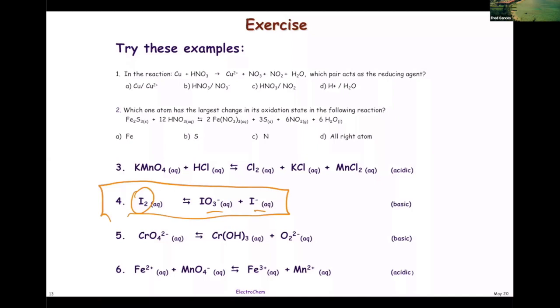You have moles and moles of molecules of I2. So I2 can undergo this oxidation reaction. I2 can also go through this reaction. So some I2 can go to IO3 minus, some I2 can go to I minus. You wouldn't know that if I didn't share that information with you.